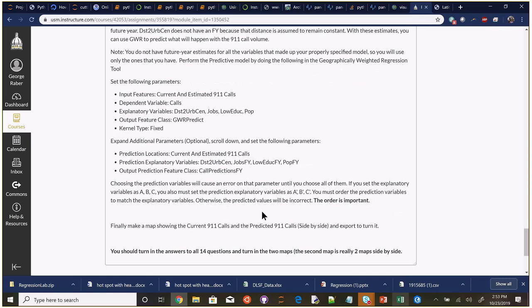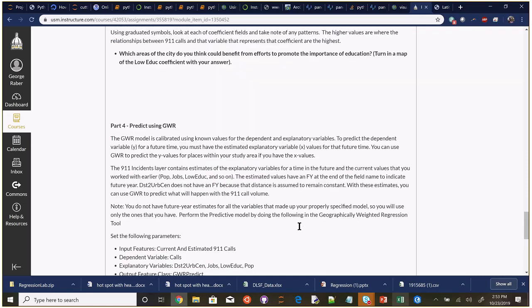And then you're going to turn in a map showing 911 calls and the predicted side by side. Okay, that's what I forgot to say.